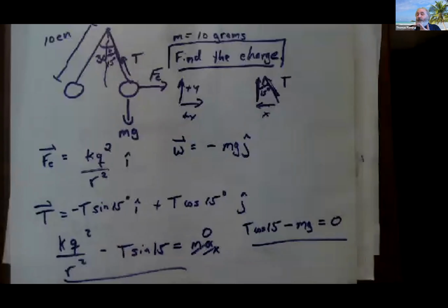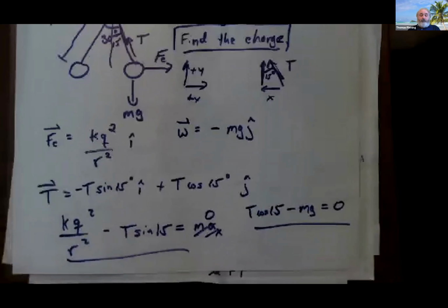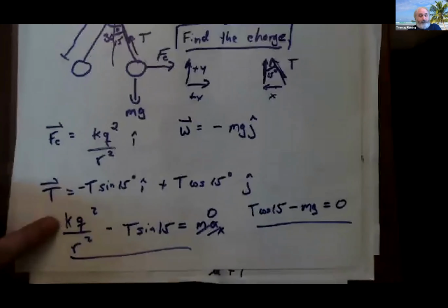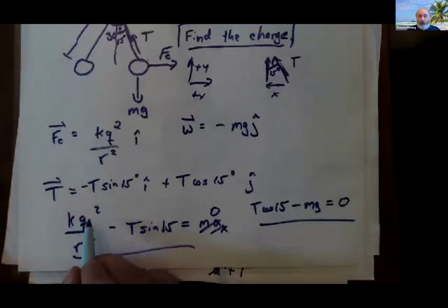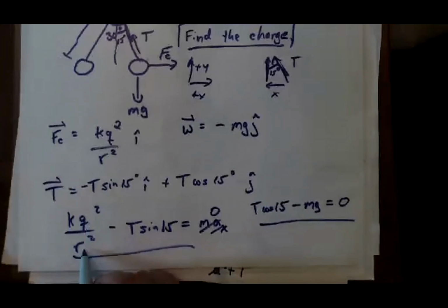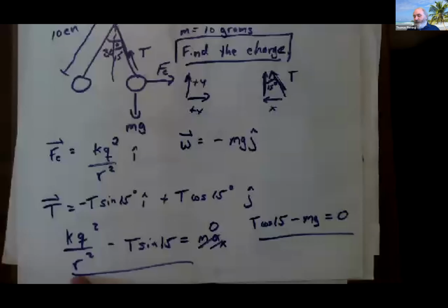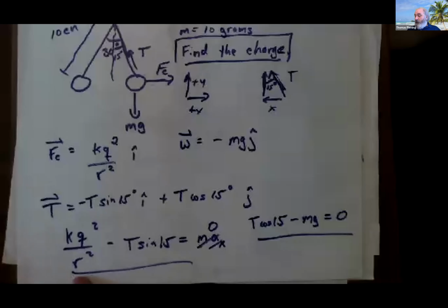Either there's a number for it already, or if there's not, I need to find a way to get rid of it. So, in this list, do I have a number for K? Yes. Do I have a number for Q? No, we're solving for it. Do I have a number for R? No. So I'm going to have to figure out R before I can solve this. Do I have a number for T?